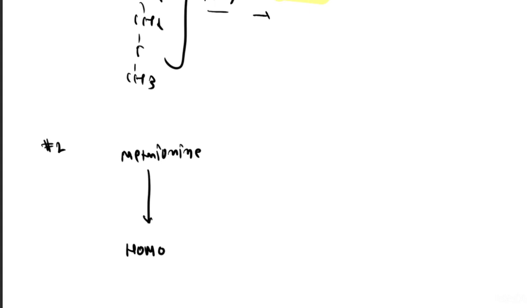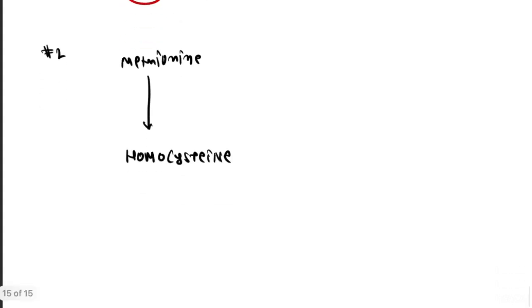Methionine is converted into homocysteine. If you remove CH3 from methionine, this is the structure of homocysteine. Then further metabolism takes place.